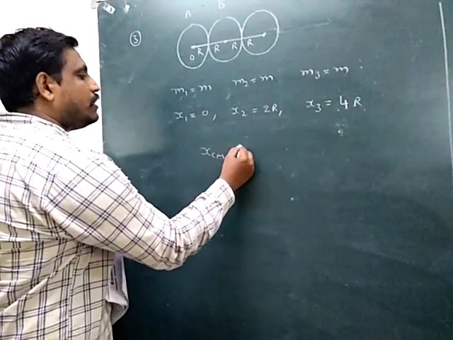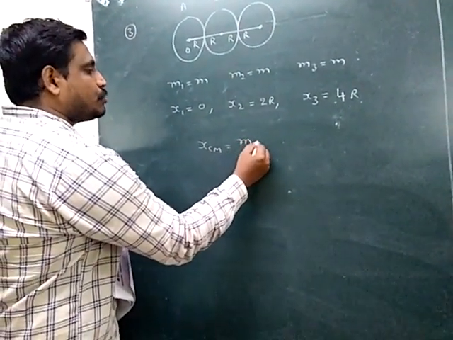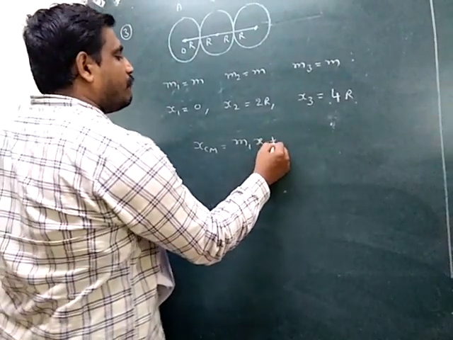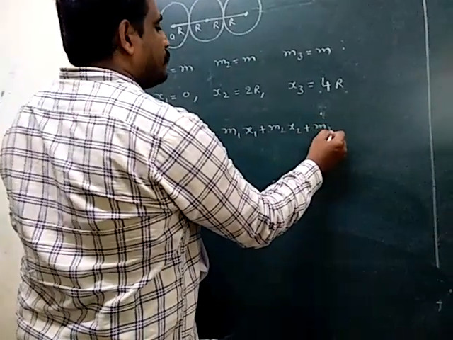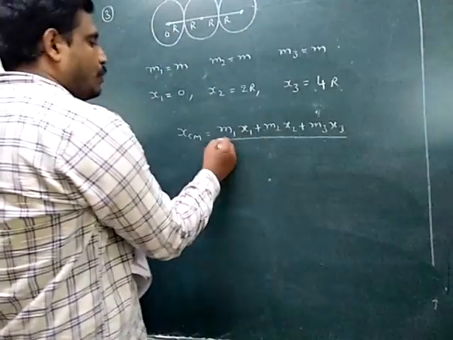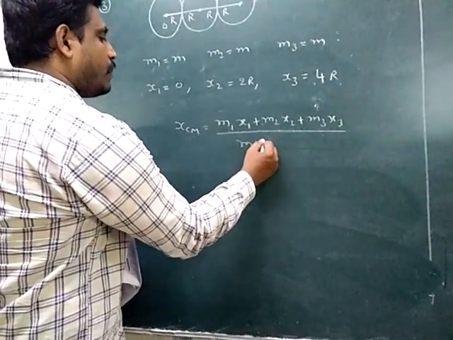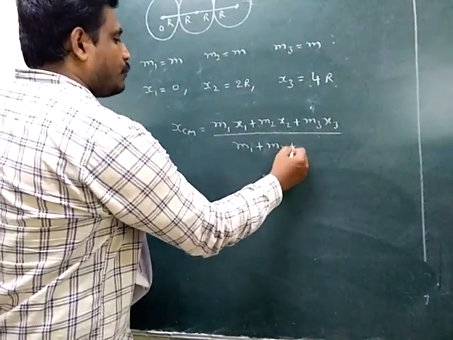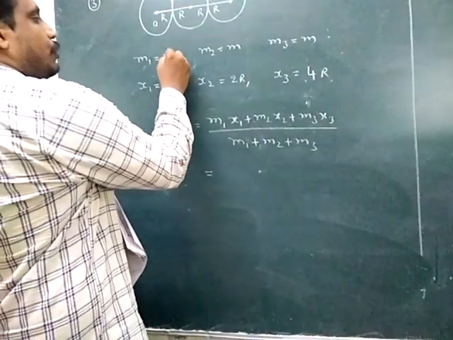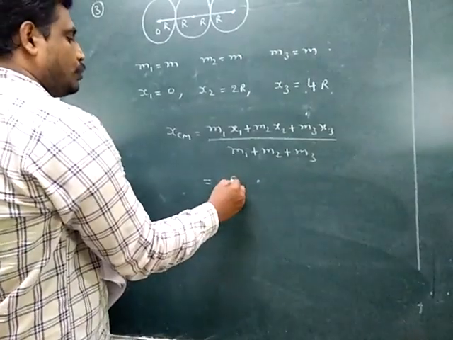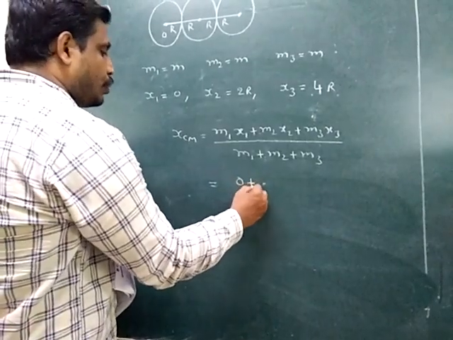What is the formula for XCM? We know that here three masses are there, so the formula is (M1 x1 plus M2 x2 plus M3 x3) by (M1 plus M2 plus M3). What is the M1 value? M. X1 value 0, 0 into anything is 0.